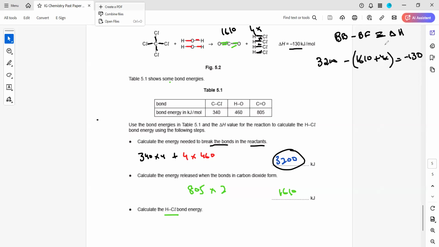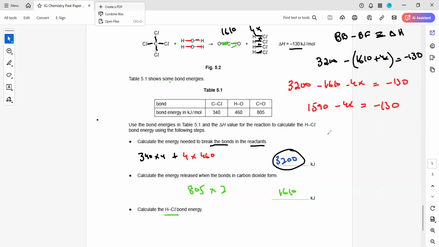Now we solve the mathematical equation. We have 3,200 minus 1610 minus 4x, and that is equal to minus 130. What is 3,200 minus 1,610? It's 1,590. So 1,590 minus 4x is equal to minus 130.